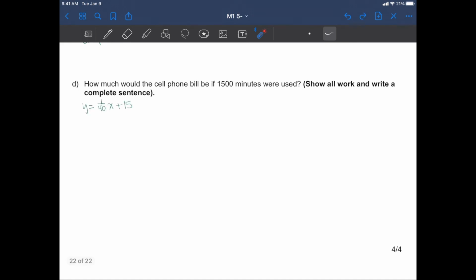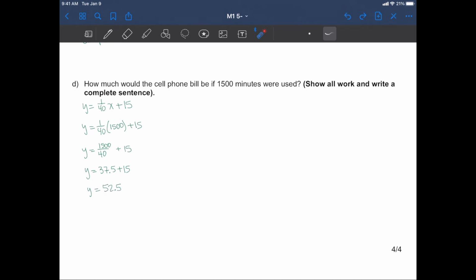Okay, so first things first, write the linear equation. Then substitute x for 1,500 since we're talking about minutes and that's the units of x. And then start simplifying. I ended up using a calculator. 37.5 is 1,500 divided by 40. And then I added that to 15.